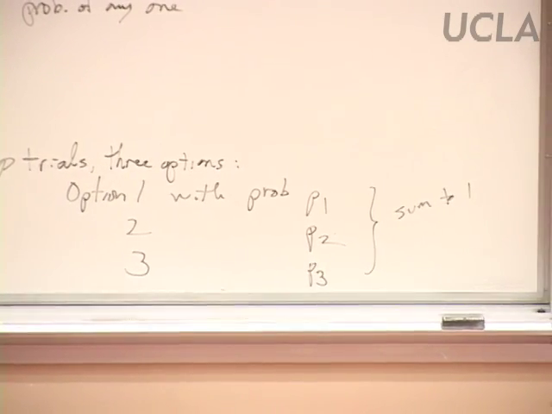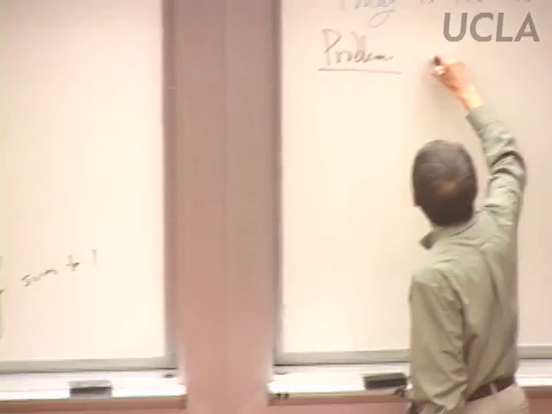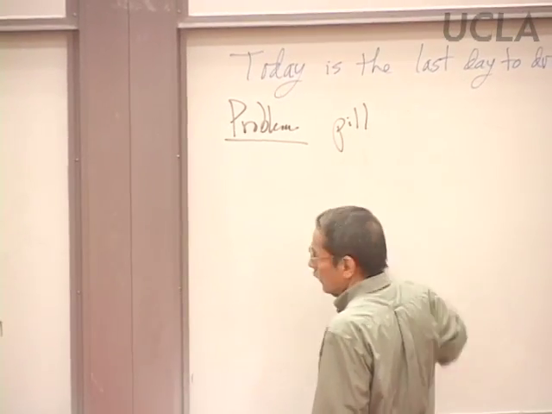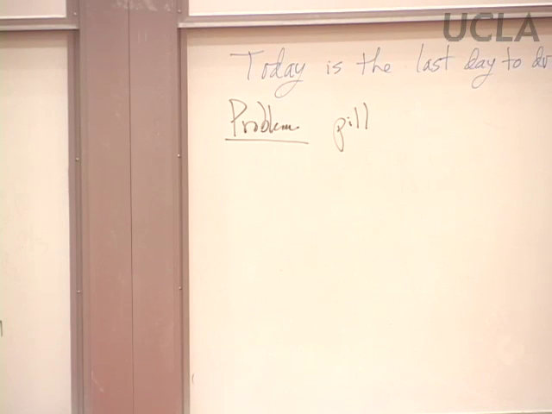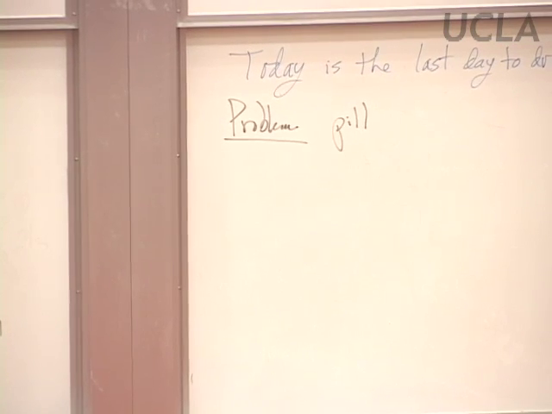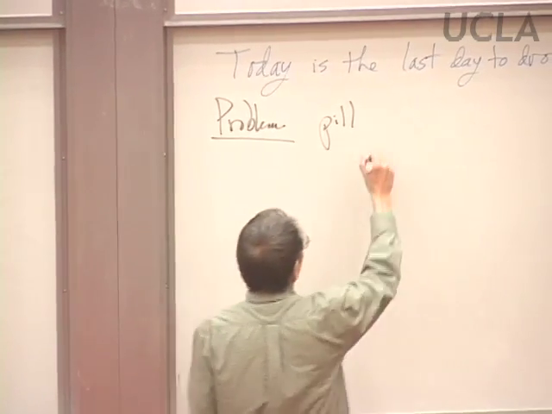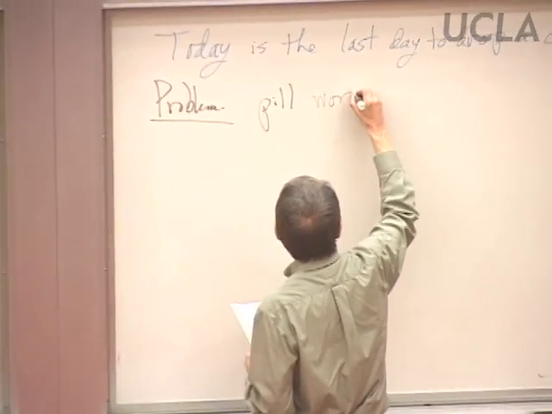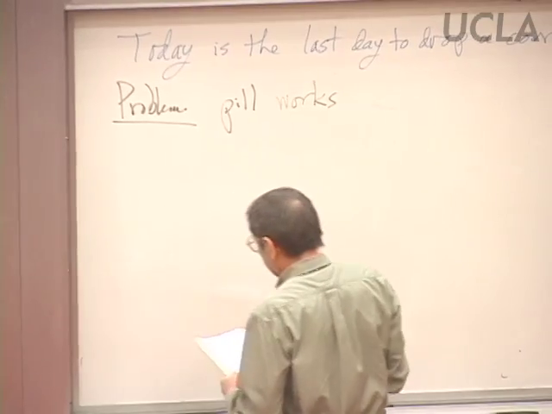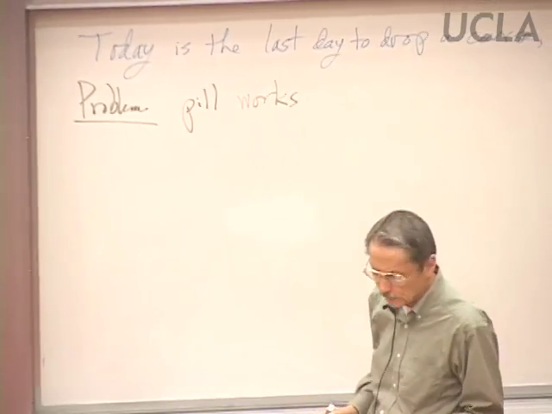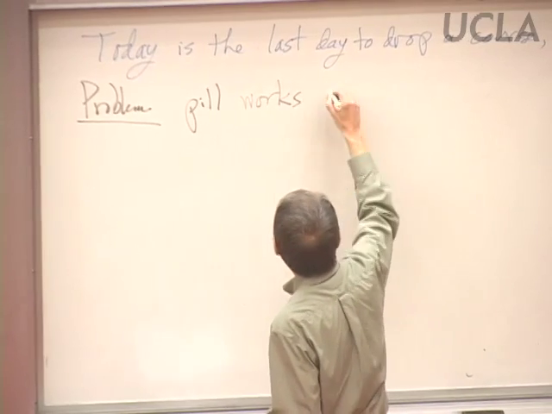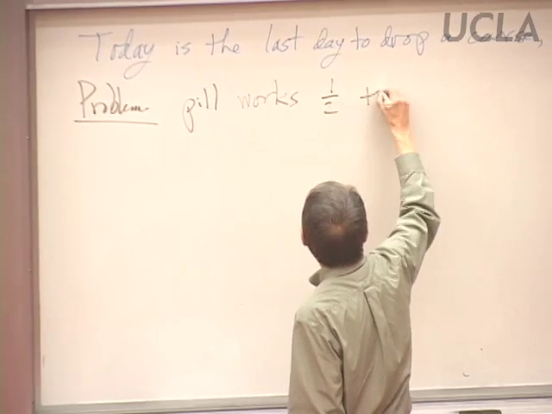Let's work a problem. You have this pill, and it's not perfect, and you give it to a bunch of patients, where a bunch means 8 of them. And presumably the patients are independent of one another. What happens to the first patient won't affect the second one. The pill works half the time.